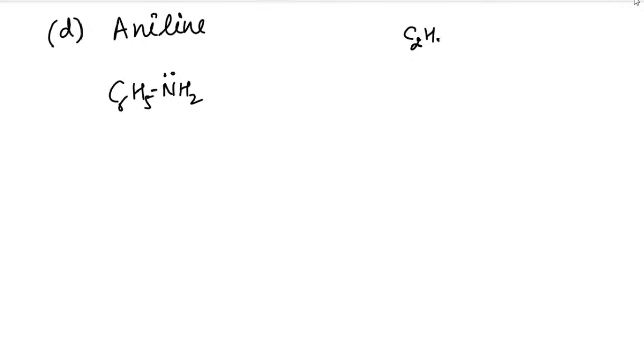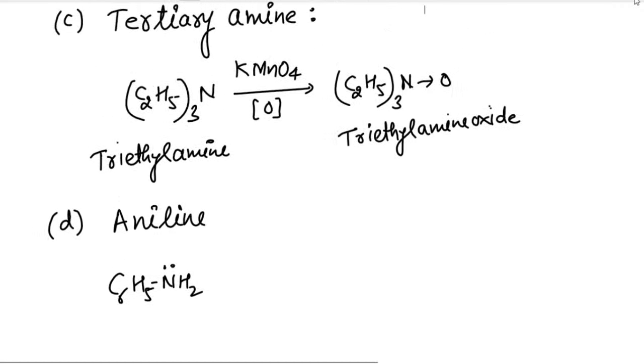In this case, C2H5 thrice, and nitrogen has a lone pair, and oxygen needs 2 electrons to complete its octet, so it will form a coordinate bond between nitrogen and oxygen. Okay.